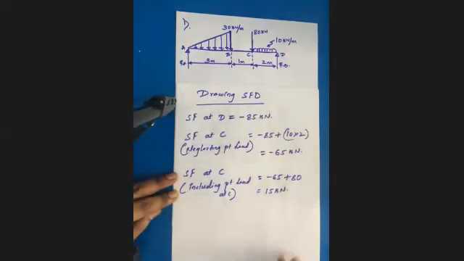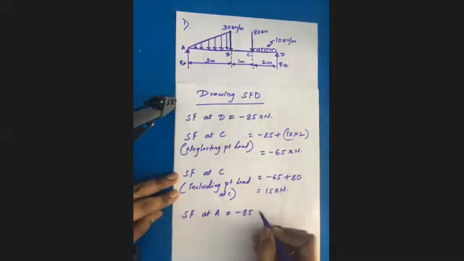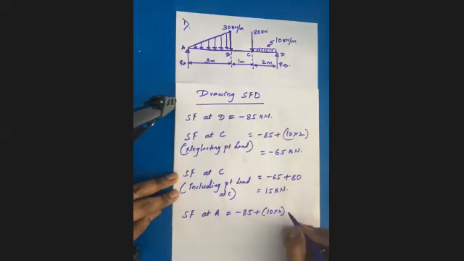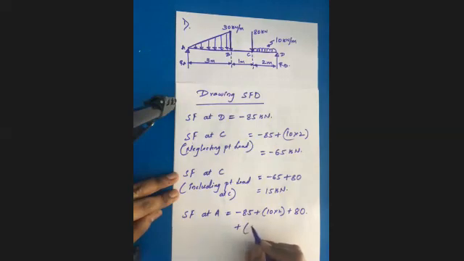So we'll find out the value of SF directly at A. We find out SF at A, and that will be equal to minus 85 plus 10 into 2 plus 80 and plus this UVL value, that is half into 3 into 30.